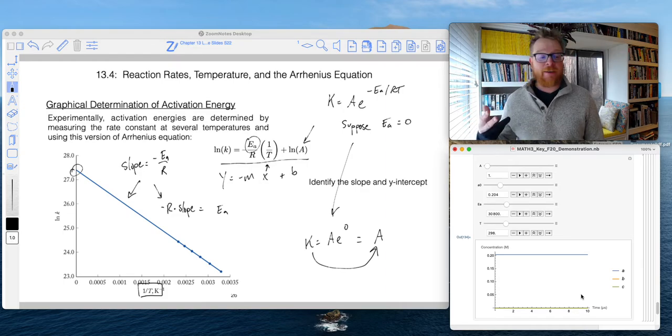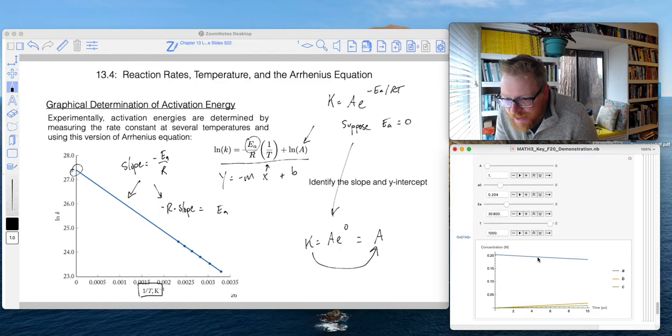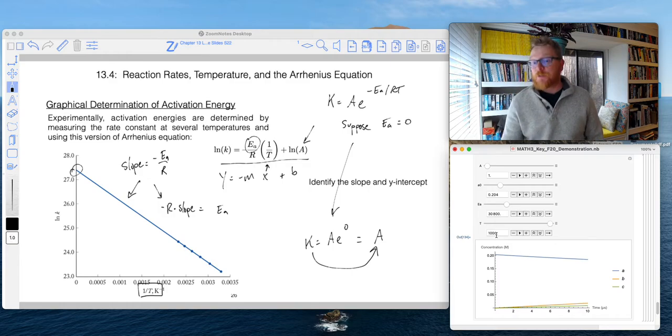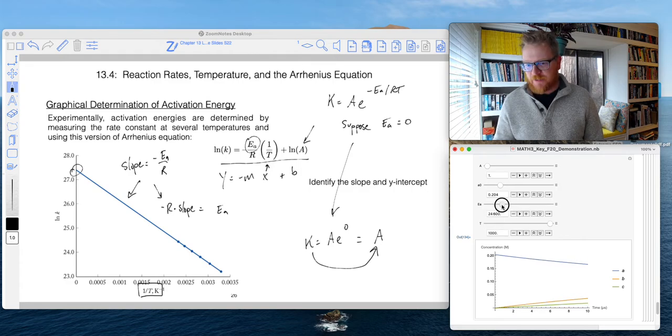Well, what could I do to make it react? I could increase the temperature. Now if I increase this temperature past 298 and keep taking it up and up, you can see I had to take it up to about 1,000 Kelvin for this 30,000 joule activation energy. But you can see I did get a little bit to react when I cranked the temperature up. Of course, at this very high temperature, if I could somehow turn down the activation energy even further, you can see I can really get that to react much faster.